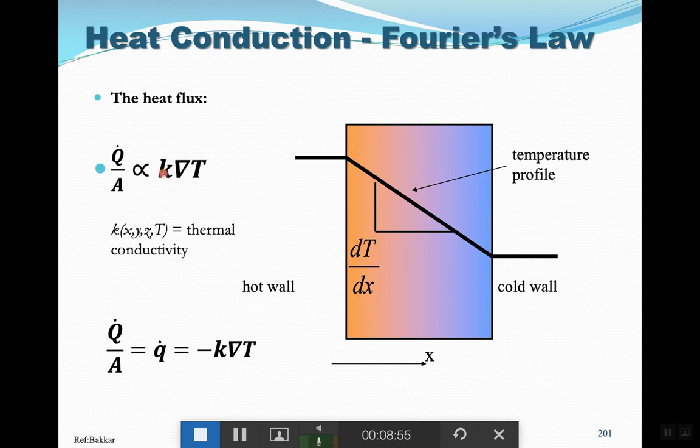So Q is proportional to the temperature gradient, meaning the difference of temperature between the cool and hot area.